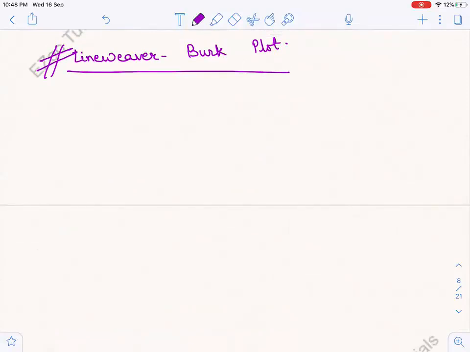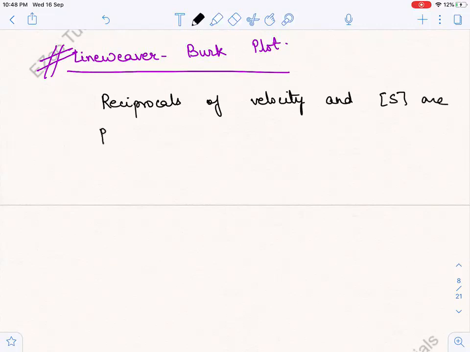If the reciprocals of velocity and substrate concentration are plotted against one another, जैसे कि हमें लाइनवीवर और डीन बर्क ने दिया था, तो एक्ज़ैक्टली क्या होगा? बेसिकली ये इजी हो जाएगा हमारी स्टडी करने के लिए. जब ये हमने किया तो क्या हो गया? जो हाइपरबोला था, what it will become? What it will become? A straight line.